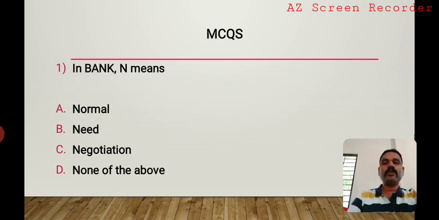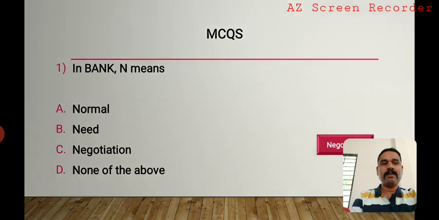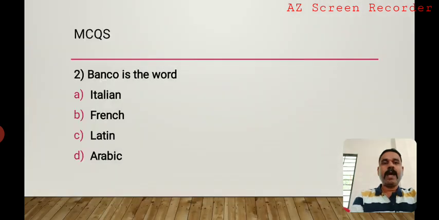So the first question is, in bank, N means what? Your options are normal, need, negotiation, none of the above. So the answer is negotiation. Next question, banco is a word from Italian, French, Latin or Arabic.